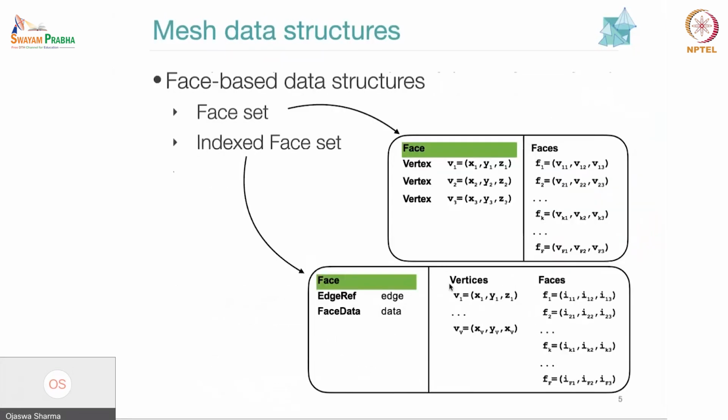Let's take a look at some of the mesh data structures. Some of the very primitive data structures to represent a mesh do it with the help of just arrays of the coordinates of the vertices and the facets.